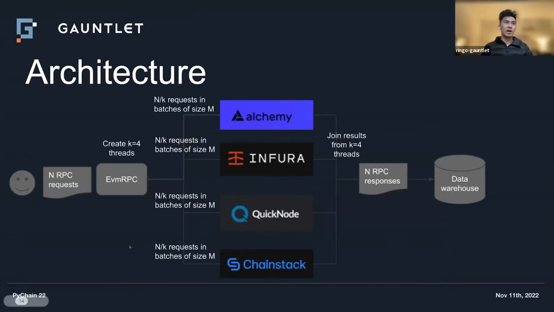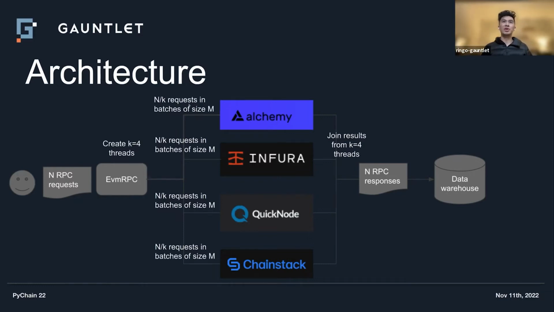Over here on the left, we have a developer that wants to make, let's say, n RPC requests. The main interface that we expose in our library is called EVM RPC. What EVM RPC will do is take those n RPC requests and create some number k of threads. In this example, I've used k equals 4. It will then distribute the n requests over batches of size m, where m is equal to n over k.